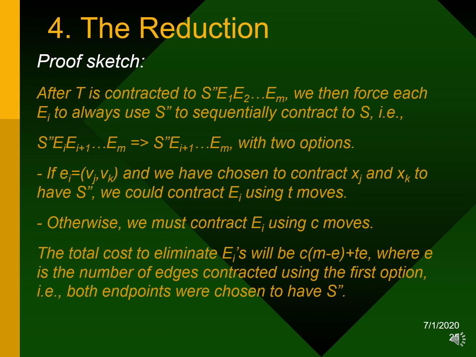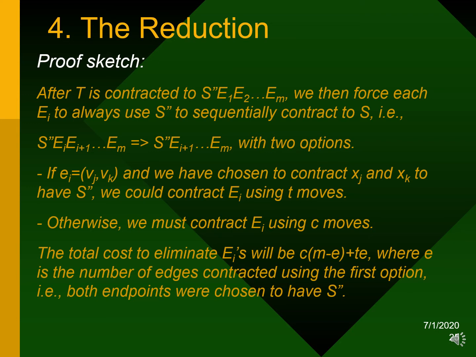If either xj or xk is not selected to be contracted previously, then we would have to contract ei using a C move, and the total cost to eliminate EIs would be C times M minus E plus TE. Loosely speaking, this is a way to do some kind of balancing to reduce the total cost.